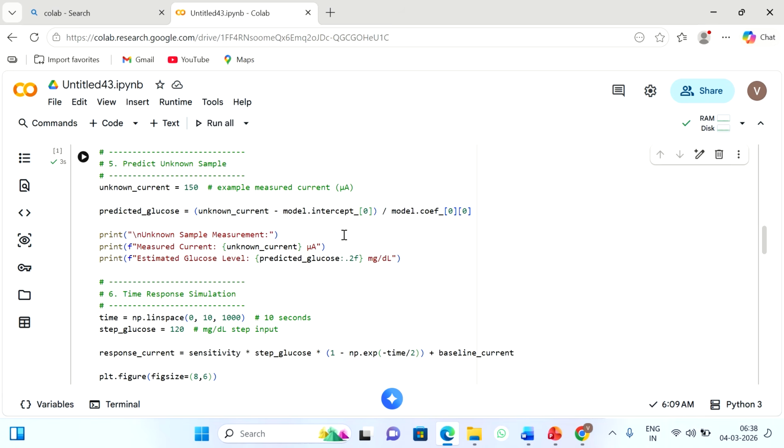This H2O2 is generated through glucose oxidase in the electrochemical biosensor, and the oxidation of H2O2 is what generates the current, and therefore we are getting a current which is proportional to the glucose concentration present in the unknown blood sample. So finally we are getting the calibration curve and linear regression. Thank you.